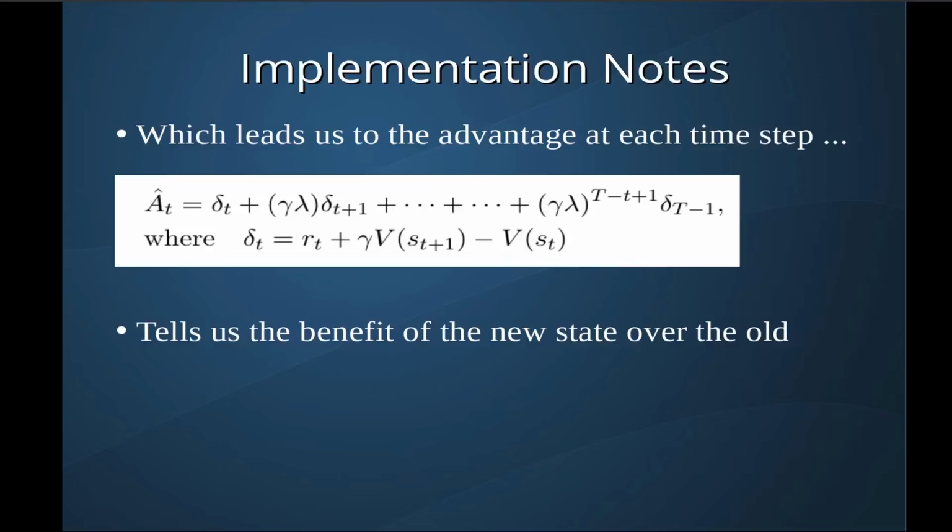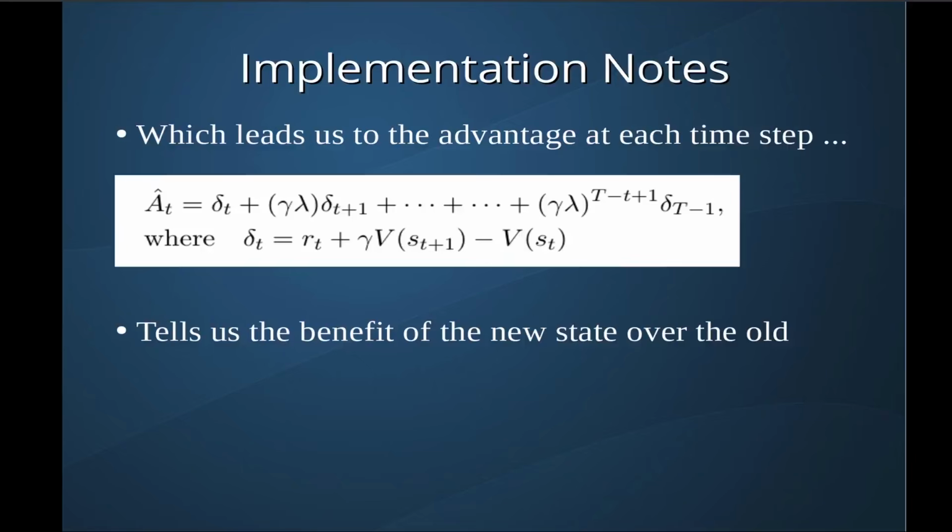So it tells you what is the difference in the value between the next state we encounter and the current state. And of course you have the gamma in front of the V, which is the output of the critic network, because we always discount the values of the next states because we don't know the full dynamics of the environment, and so that reward is uncertain. There's always some uncertainty around state transitions.